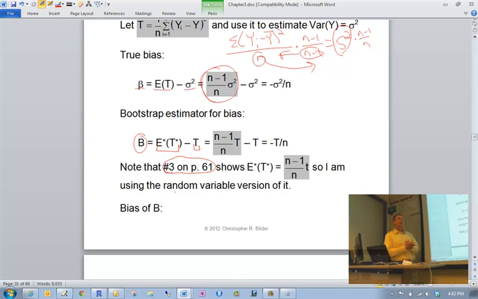Anyway, number 3 on page 61 of the book shows, not too bad, the expected value star of T star is equal to n minus 1 over n times T. Nice little closed form expression. So, when I substitute this in here, I subtract T, again do some algebra, I get negative T divided by n as my Bootstrap estimator for the bias. I have a nice little closed form expression.